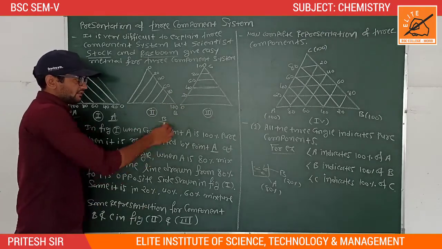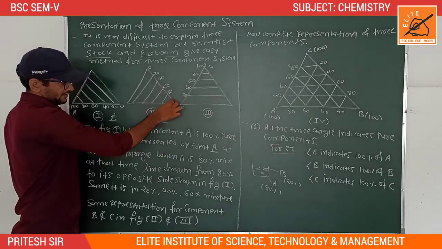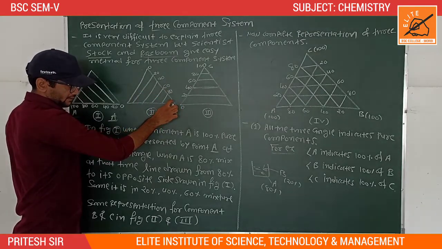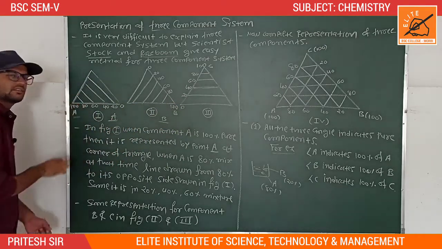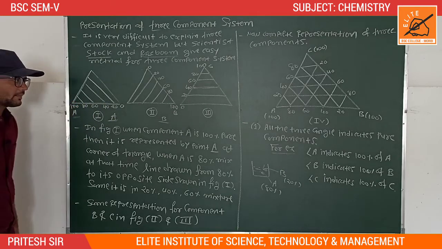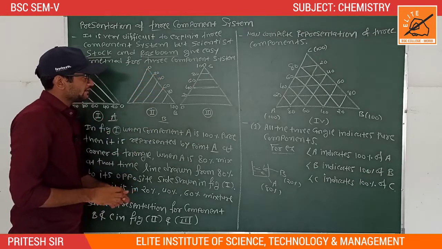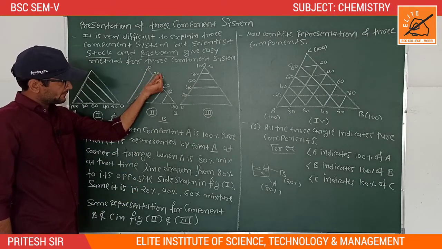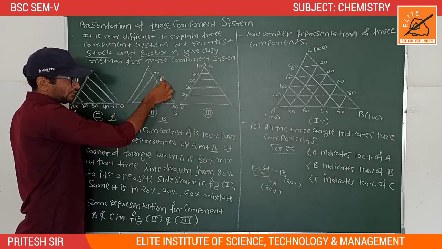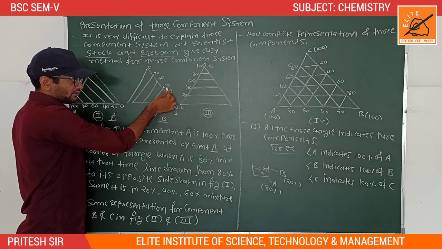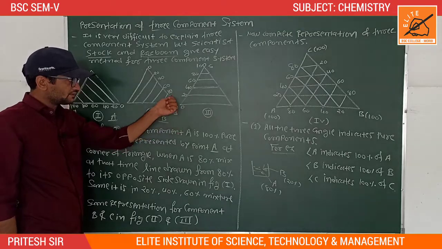This angle, the right angle of the triangle, indicates the value of B is 100%, and this angle indicates the value of A is 100%. Here the value of B is 0%, here B is 20%, this point indicates the composition of B is 40%, this point 60%, and this point 80%.